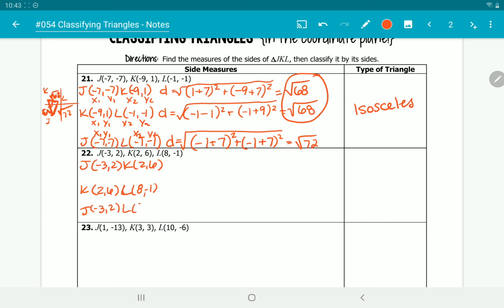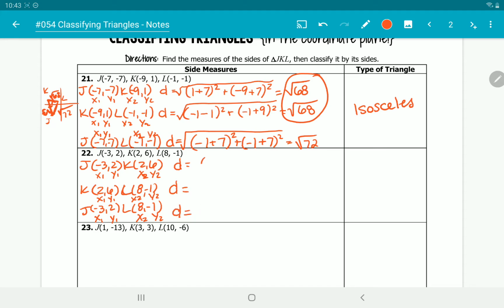And L is 8, -1. Okay, so again, x1, y1, x2, y2, x1, y1, x2, y2, x1, y1, x2, y2. Okay? So we're going to determine the distance for each of these.